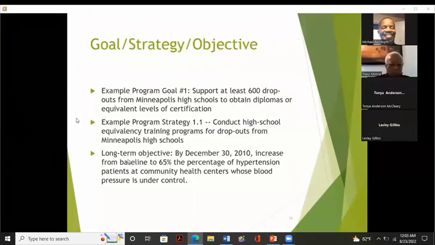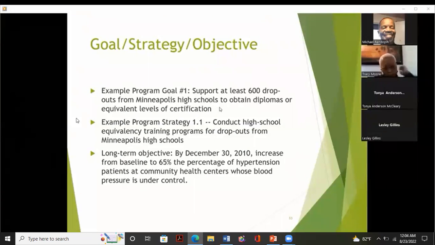Let's look at some different examples of goals, strategies, and objectives. Here's a program goal: to support at least 600 dropouts from Minnesota high schools to obtain a high school diploma or high school equivalency level of certification.